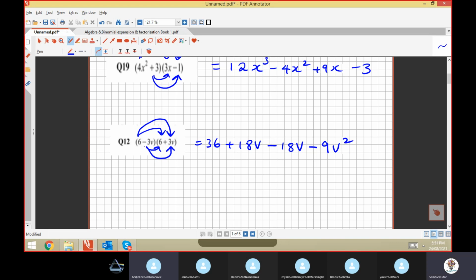Yeah, very important that you check the negatives and positives. And then anything here that can simplify? The positive 18v and then negative 18v. And the answer is... Yep. Easy.